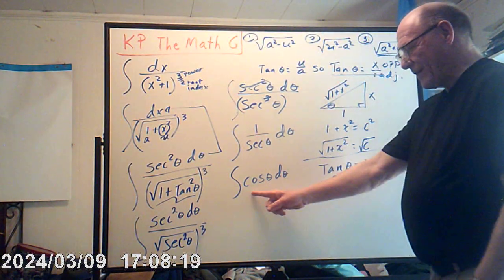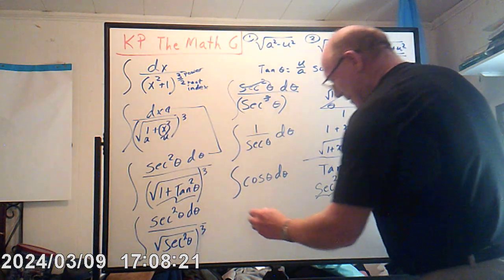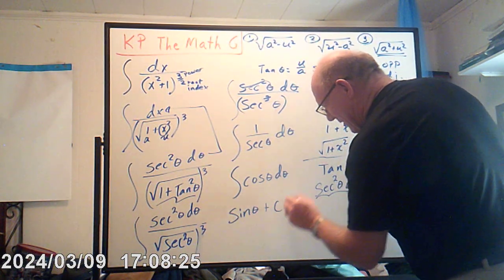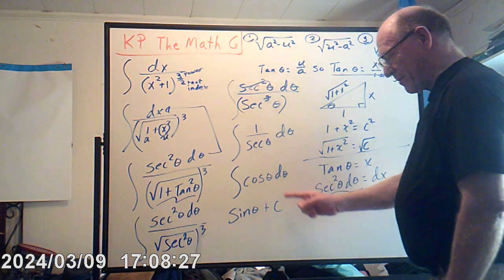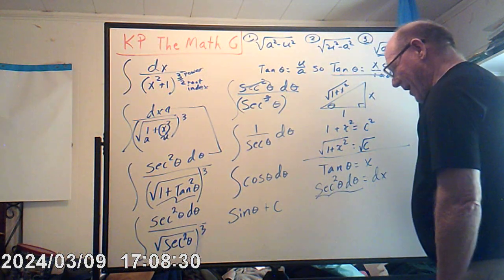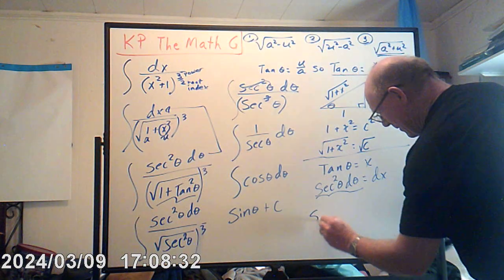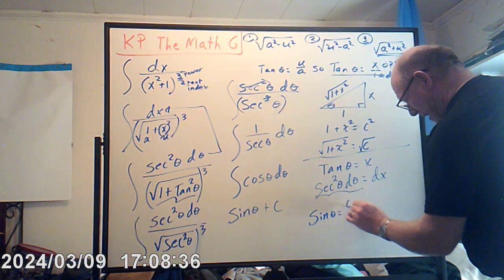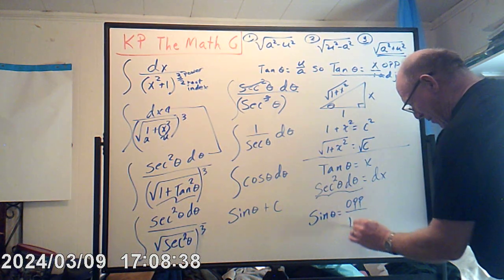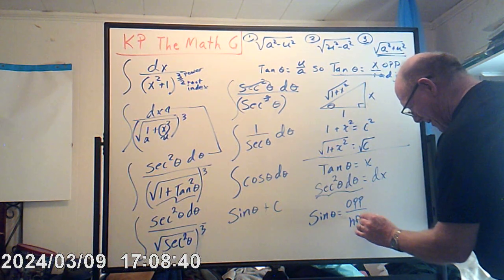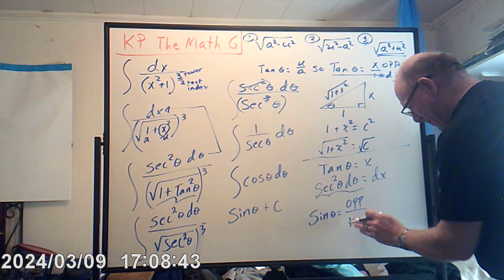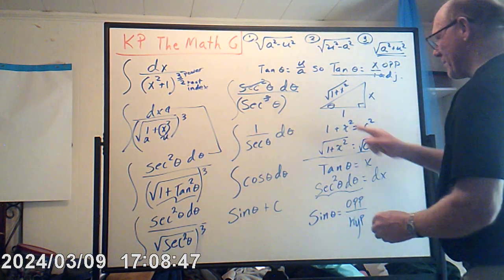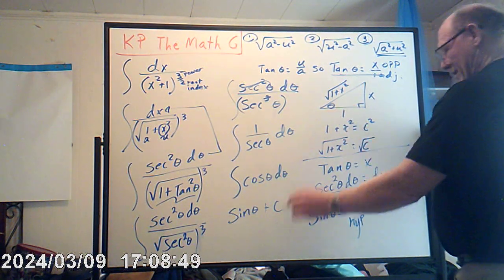Now I know the antiderivative of cosine is sine theta plus c. Gotta remember to put the plus c here. But now sine theta is equal to the opposite over the hypotenuse. So let's go back over this. Here's sine.